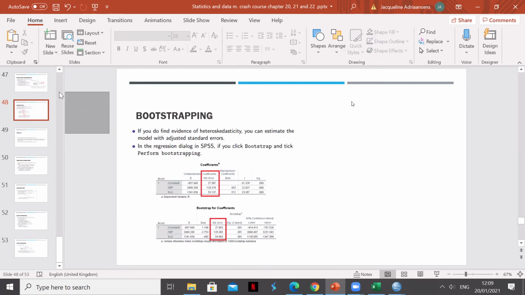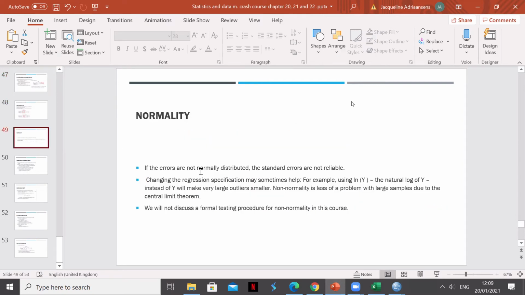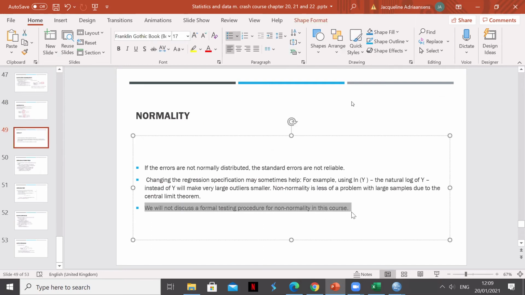What is important though is that you are able to do those testing things. At least one will come up in the test. If we have normality, there is, like I say here and in the slides, not that I would make this up, we don't discuss formal testing for normality because it is very complicated.